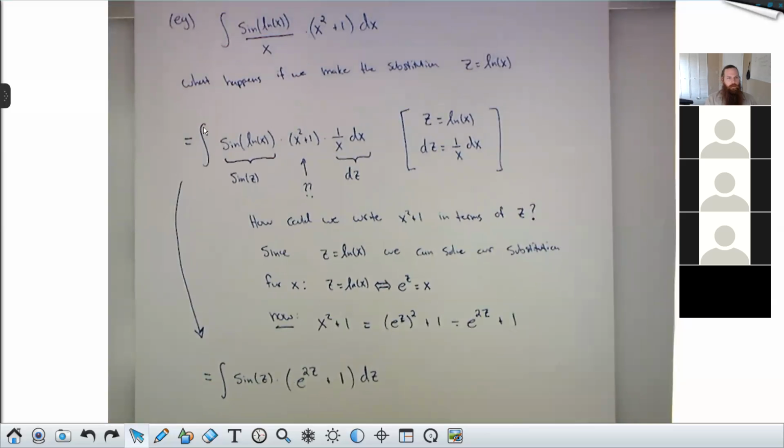Are there any questions about this step where I just rewrote the integral? Forget about labeling things. Just going from this form to this form, the algebra. Does everybody see where the 1 over x here came from? That's the x downstairs here. The x squared plus 1 is just chilling.